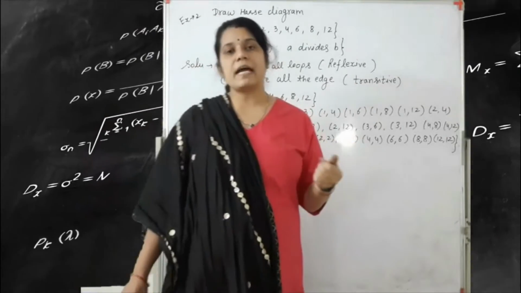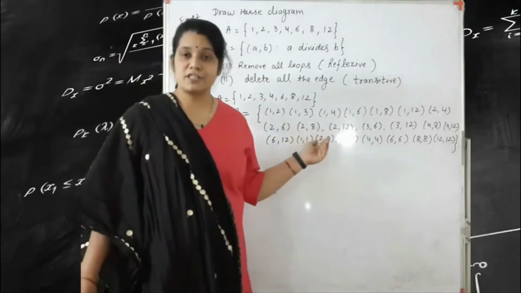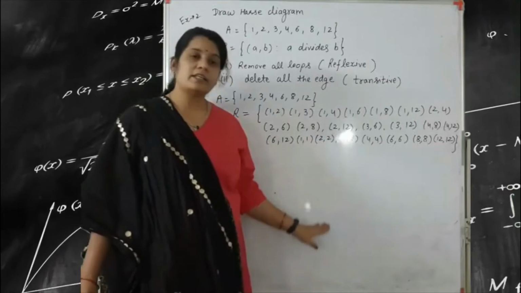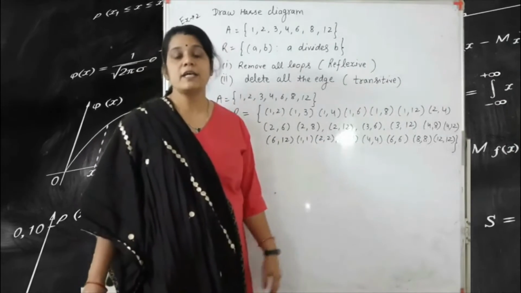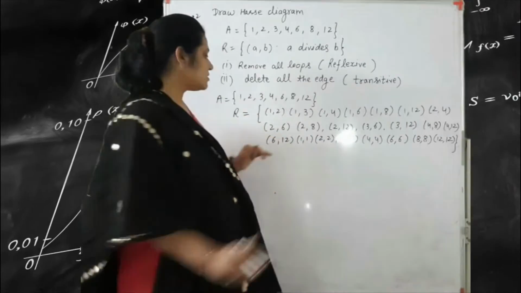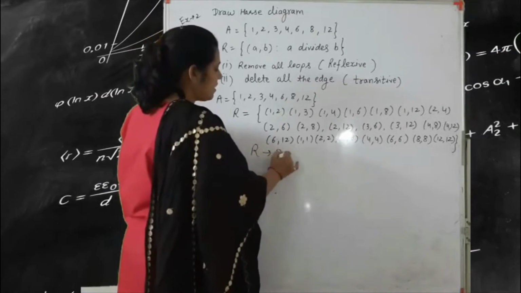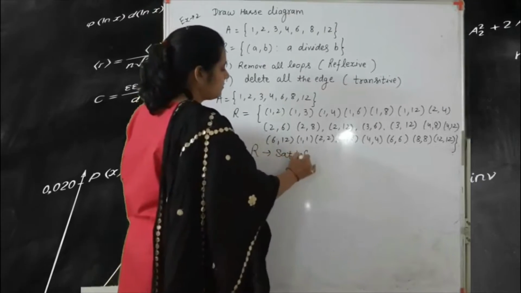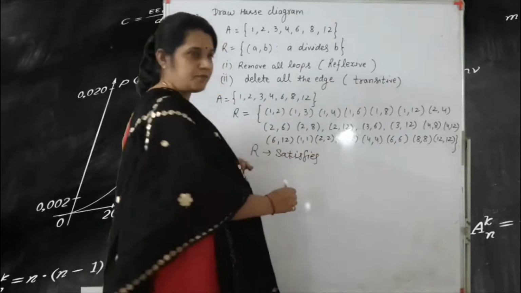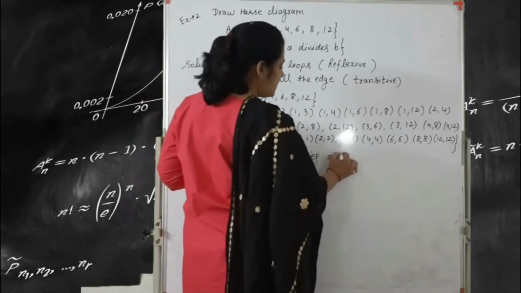Okay, after that, with the help of this relation set, we draw here the Hasse diagram. Okay, so always keep in mind, first you write here that this relation satisfies all three properties.